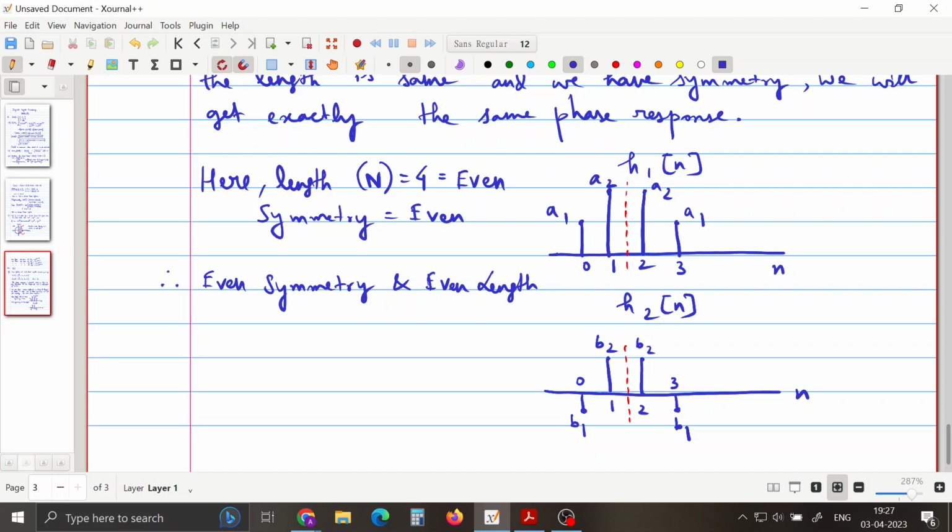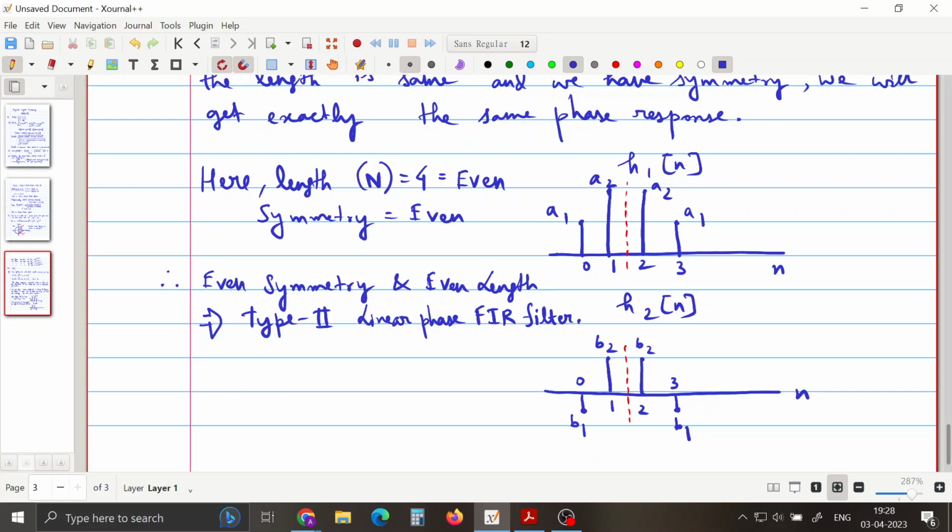If you go back to your lectures, for type 2 filters we had even symmetry as well as even length. So this is a type 2 linear phase FIR filter.